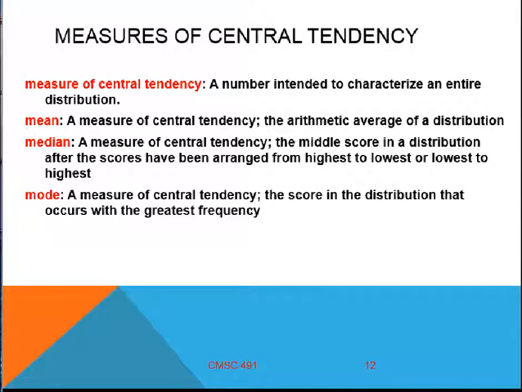The mean can be used with both interval and ratio data. The median can be used with ordinal, interval, and ratio data. The mode can be used with nominal, ordinal, interval, and ratio data.